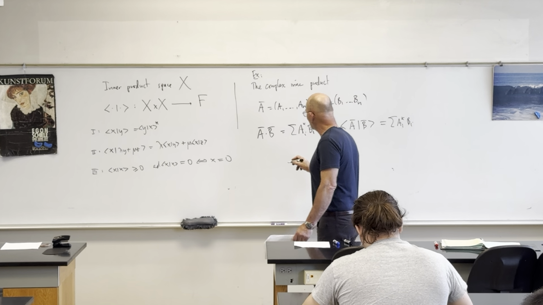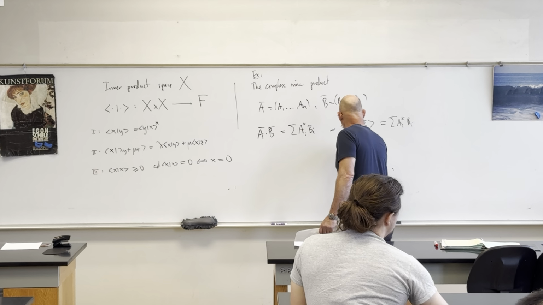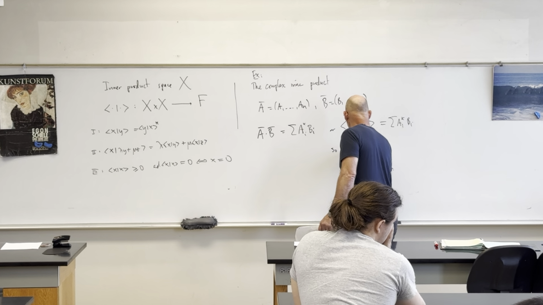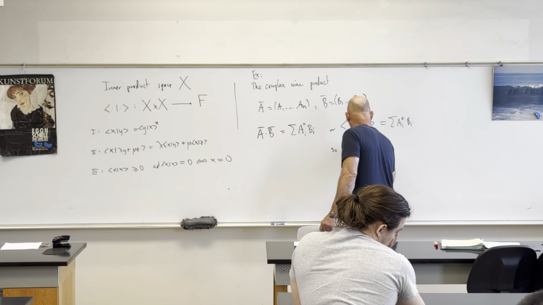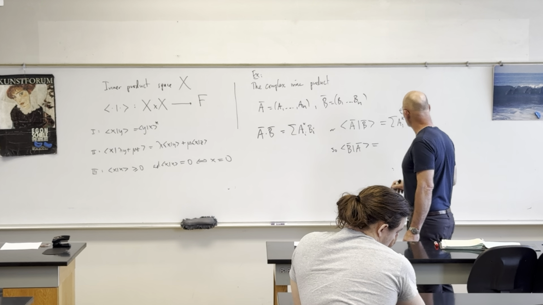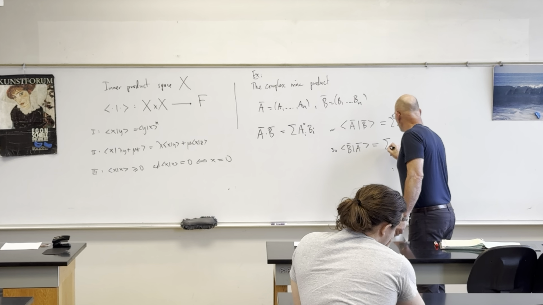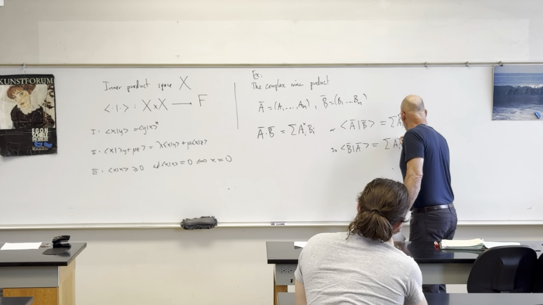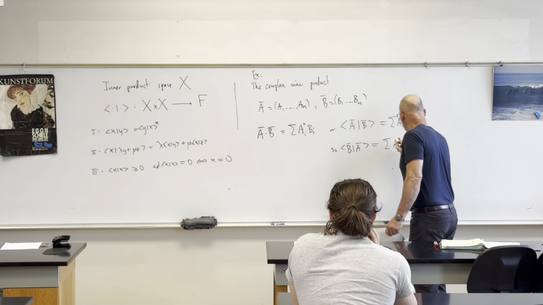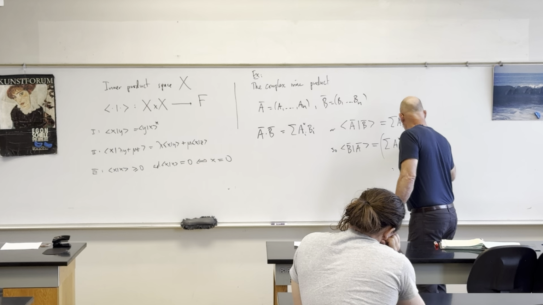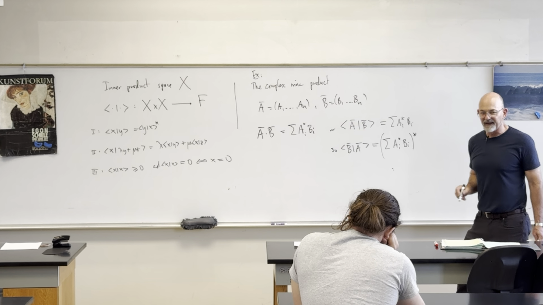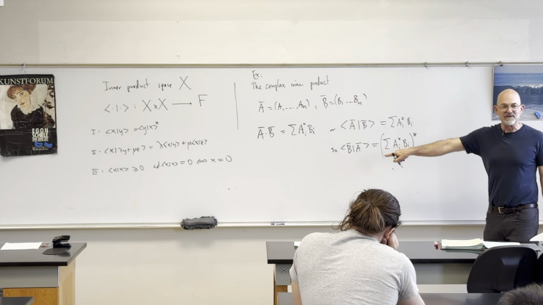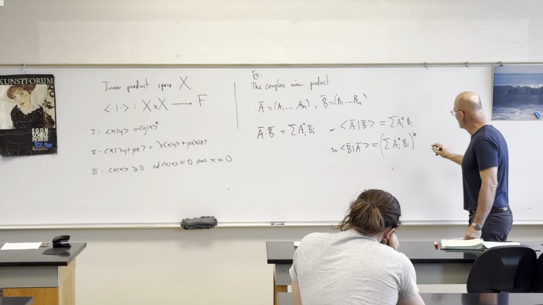So now if we do b, a, that is going to be the sum over a sub i star, b sub i, star the whole thing. And that means you complex conjugate each of these individual terms.